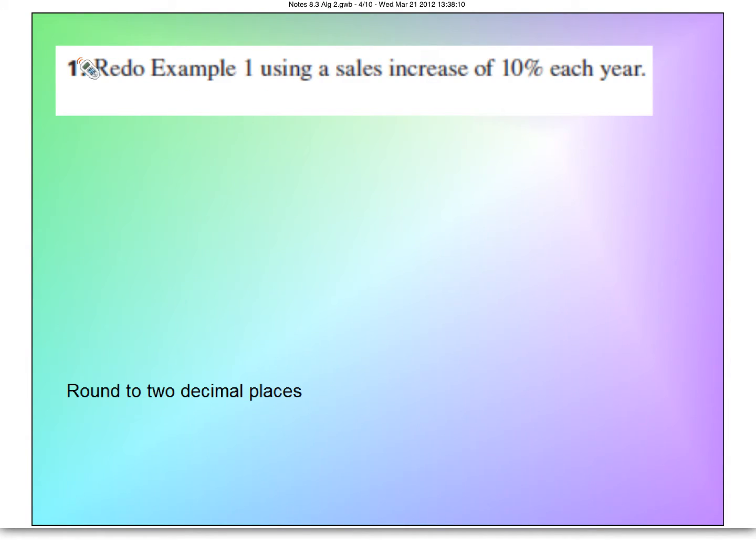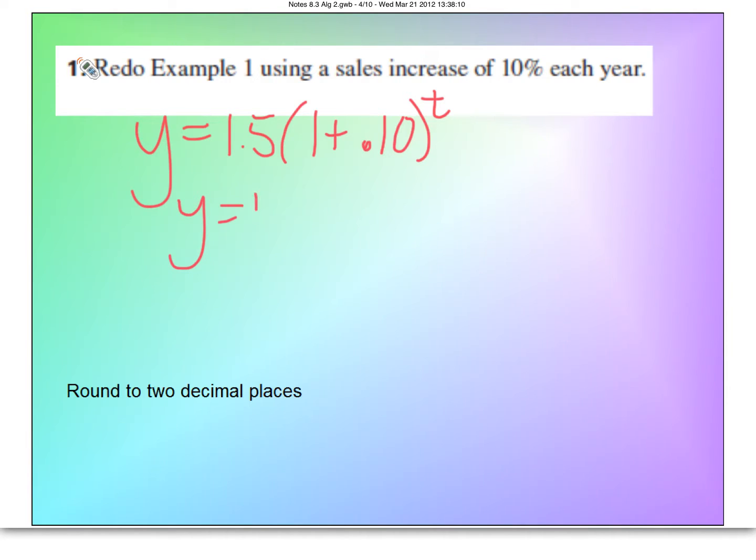Now they want us to do the same problem, but redo it with 10% each year. Remember that we started with 1.5 million in sales, and we're doing 1 plus, this time a 10% rate, which would be 0.10, to the t power. So our equation is going to be 1.5 times 1.10 to the t.